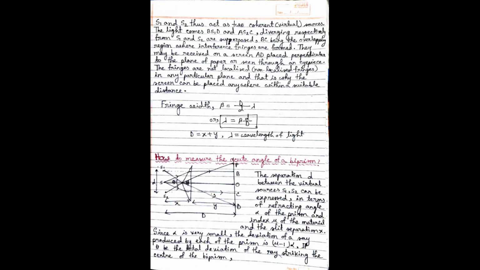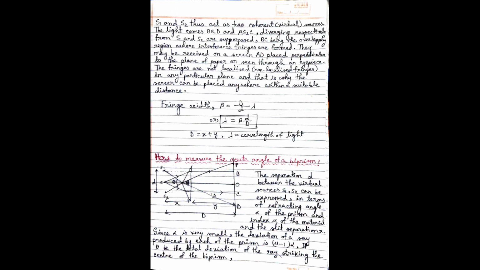Using this expression, we can find the wavelength lambda of any unknown source. Here, capital D is x plus y. You should learn this biprism very carefully because you have to do a practical experiment in the BSc part 2 practical classes.